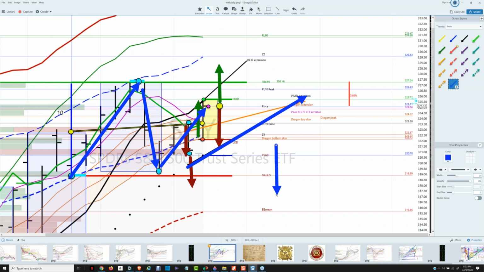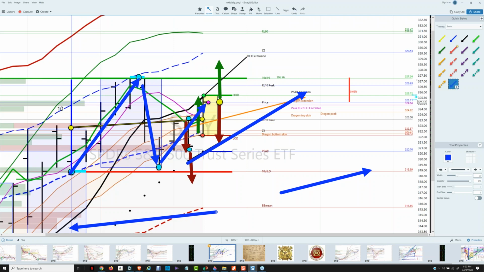And then the thing to really notice is how steeply good the RL30 has now become. When we take that projection, here's that slope, and that's stronger than the dragon and stronger than the PSAR. And so the RL30 is really in pretty good shape here. Let's track that through time.